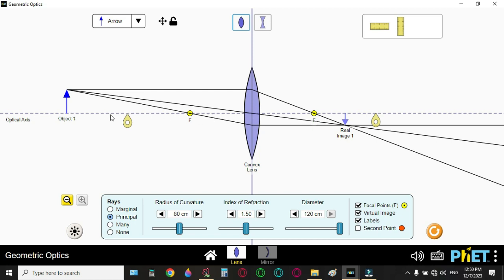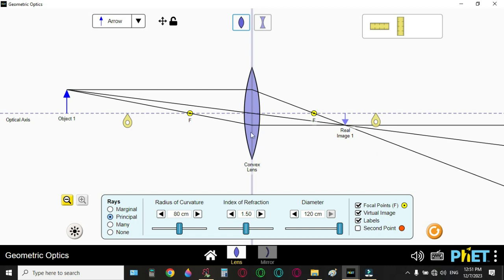The broken line here is the principal axis or the optical axis. So a straight line is drawn to represent the first ray that is parallel to the optical axis. And then it passes through the lens and then towards the focal point. So that's your first ray. So you have here a line parallel to the optical axis, and then from this point, passing through the focal point. So that's the first ray.